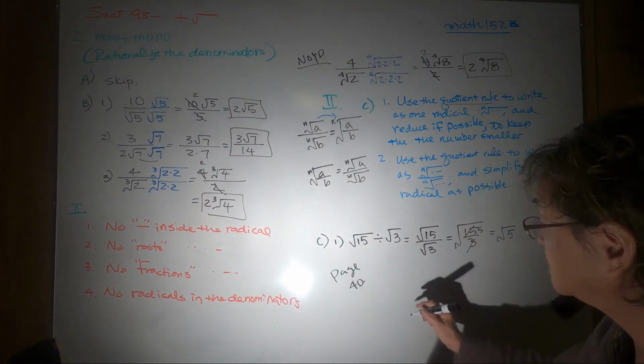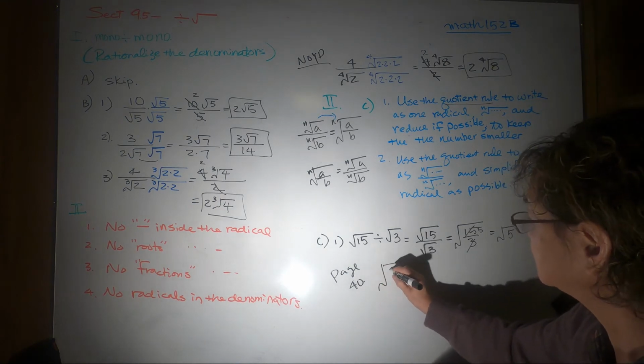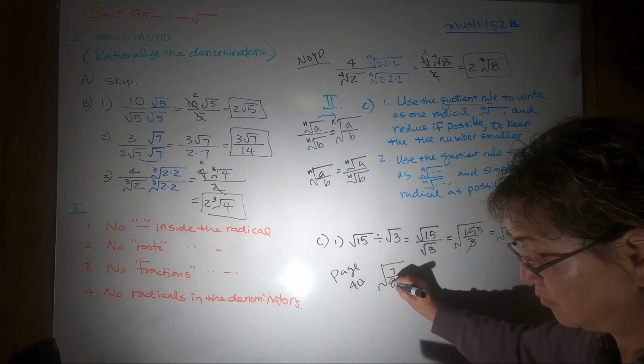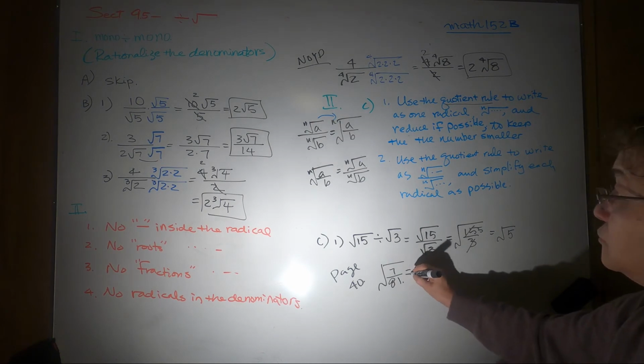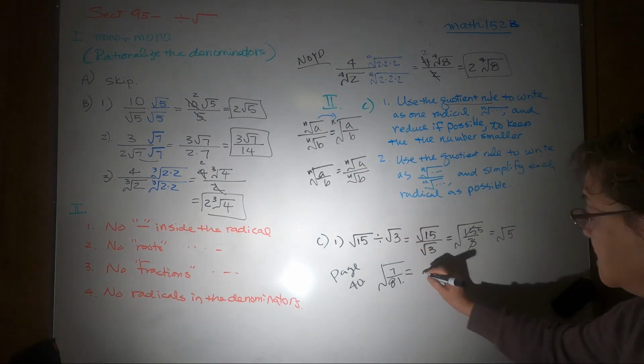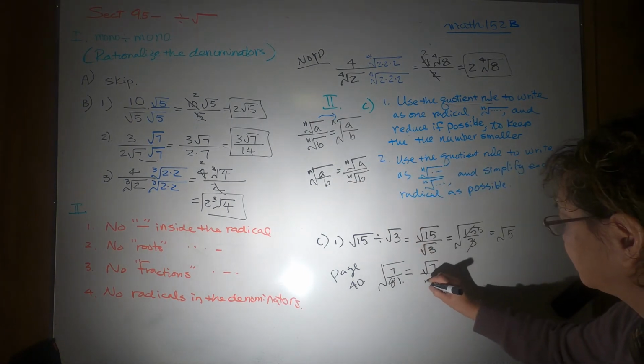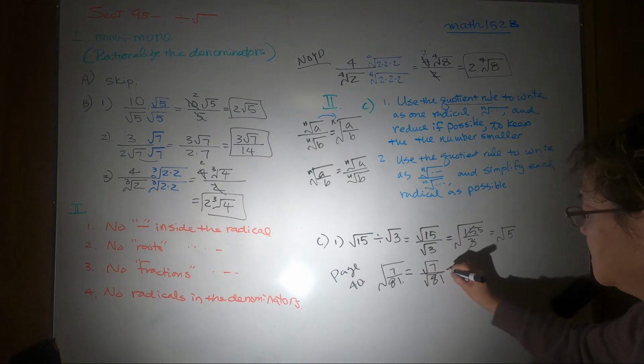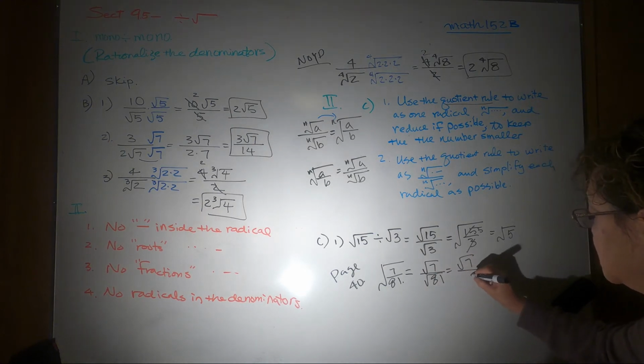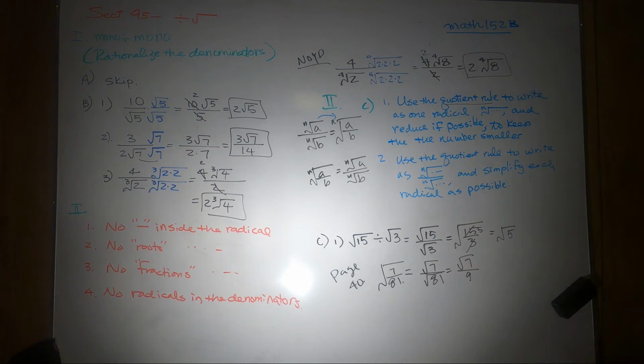We have this. So we have like 81, right? So what do we do? Instead of together, we separate them. Okay, then we do this. That's what it is saying. You can use that kind of rule to do that.